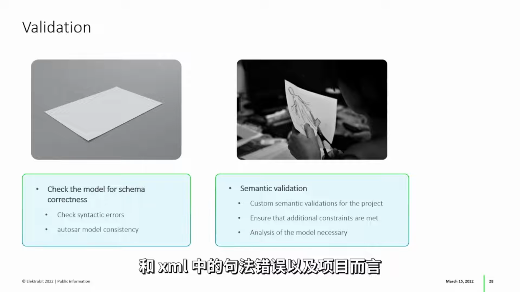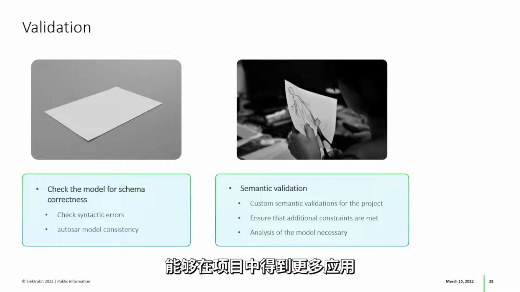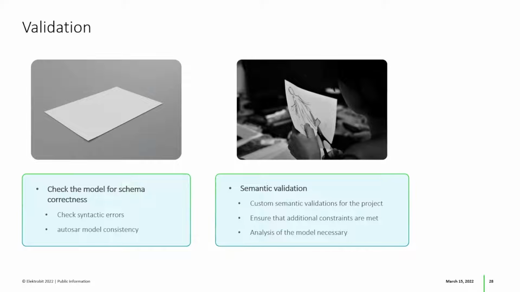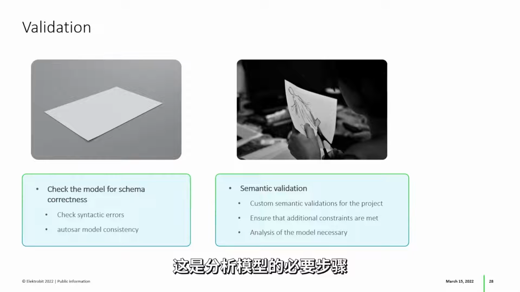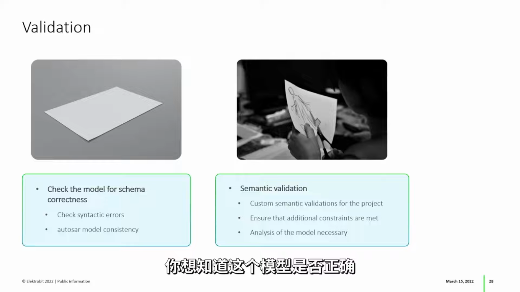But what is also very interesting for projects, and I would like to see this more utilized in projects also, is semantic validation. Because you can ensure that your additional constraints on your projects are met. And this makes it necessary that you analyze your model. So you have to write some code that analyzes your model and inspects it and says, is this correct or not?